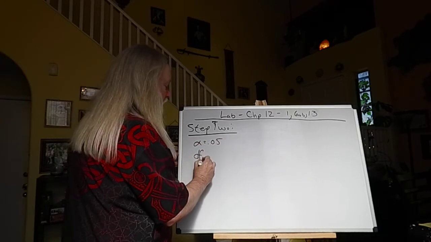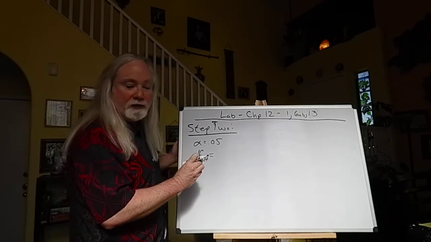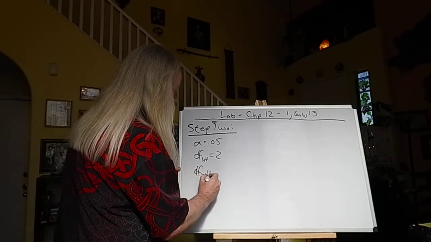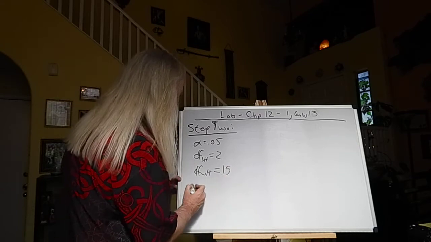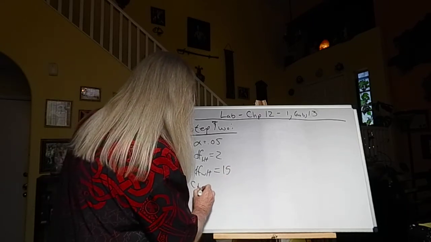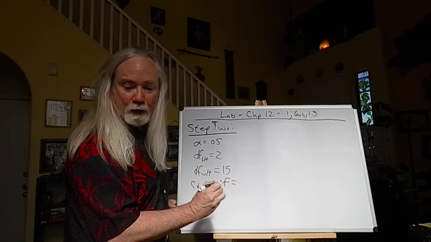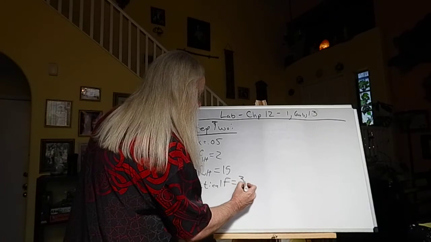We would have discovered in our calculations that our degrees of freedom between treatments was 2, and our degrees of freedom within treatments was 15. So our critical F equals 3.68.